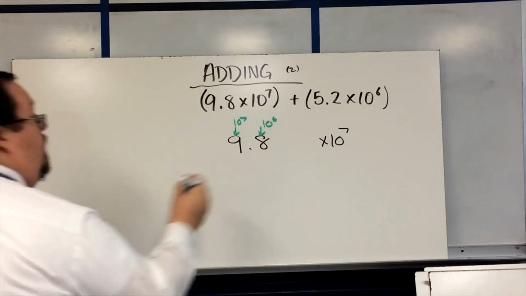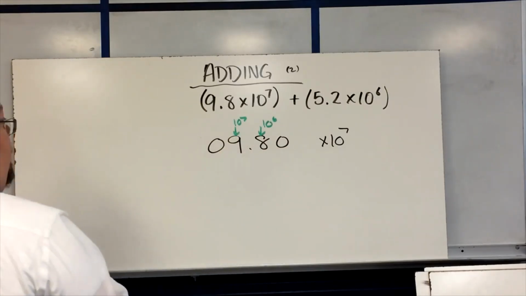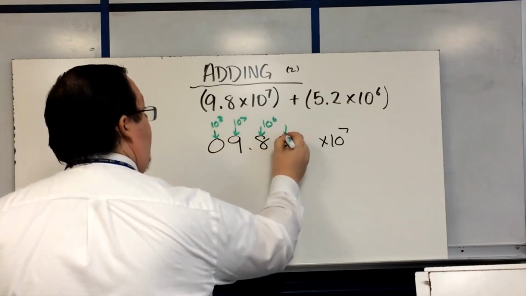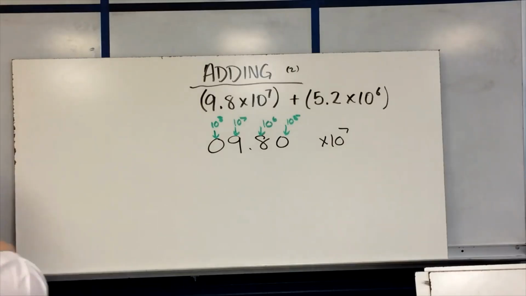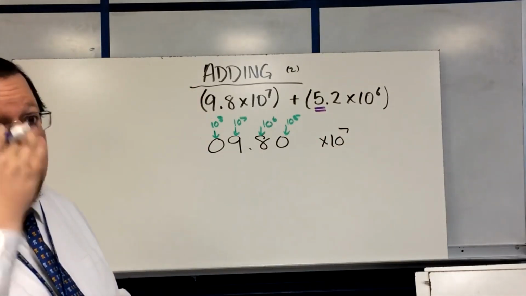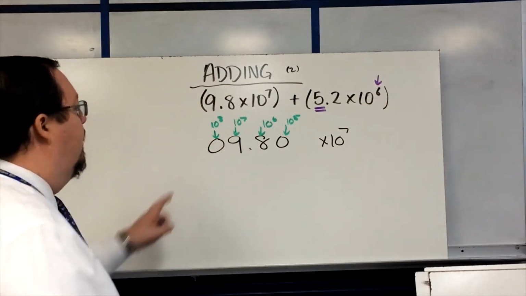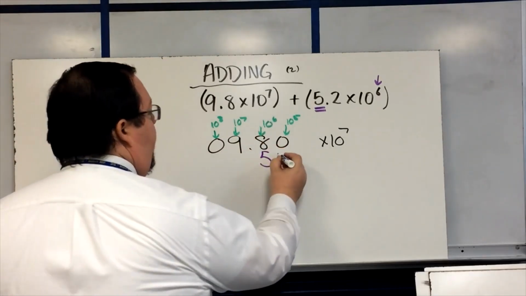And if I need more, on any side, we could keep going bigger or smaller. Where does my 5 go? It's in the 10 to the 6's place. 8, 7, 6. The 5 goes in the 10 to the 6's place.